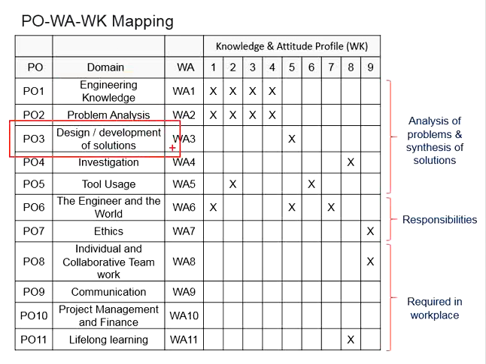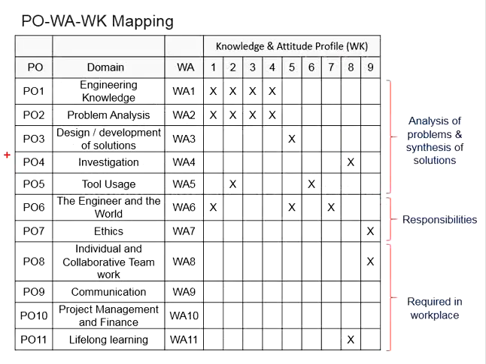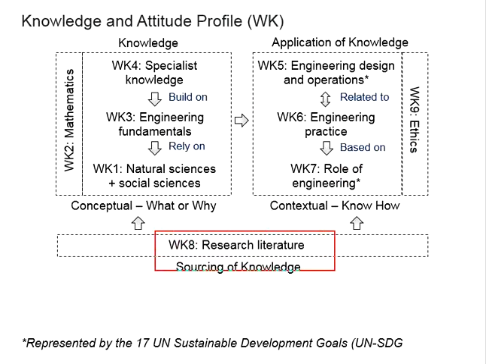PO3 is about design or development of solutions. That will be knowledge profile 5, which is about engineering design and operations. PO4 will be investigation. That will be WK8, which is related to research literature.